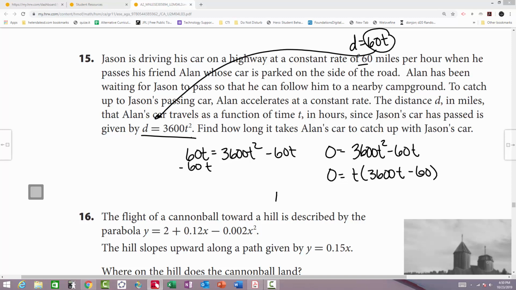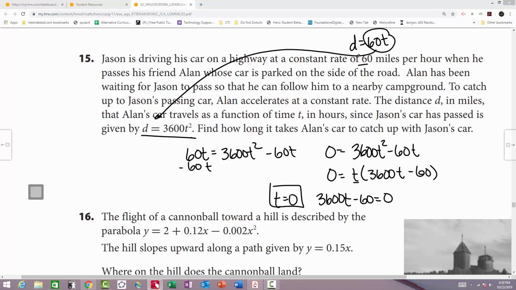So here I get t equals 0. That's that first one. And I get 3,600 t minus 60 equals 0. So right here, time equals 0. That's one solution, because Jason and Alan are at the same point at the same time right when Jason passes Alan. Alan is stopped and Jason passes him. But technically speaking, for that split second, they are right next to each other.